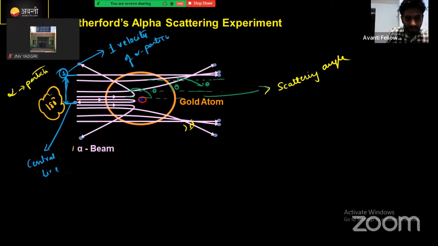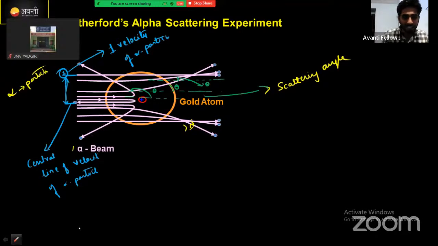Up to this point, there is a small distance. Correct? We call this distance the impact parameter b. Later we will explain it.